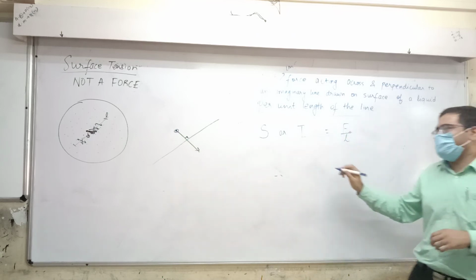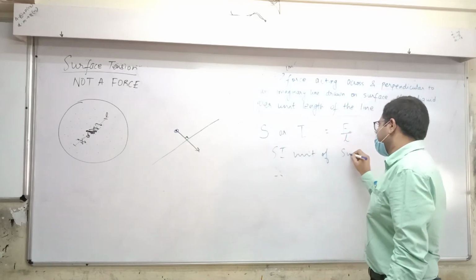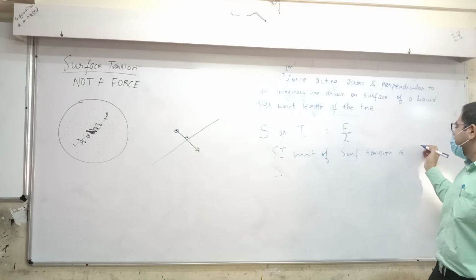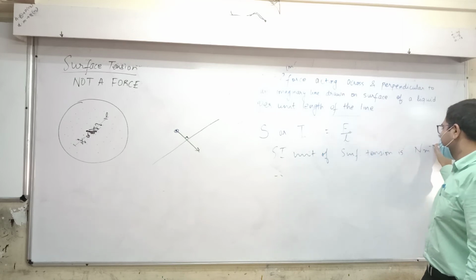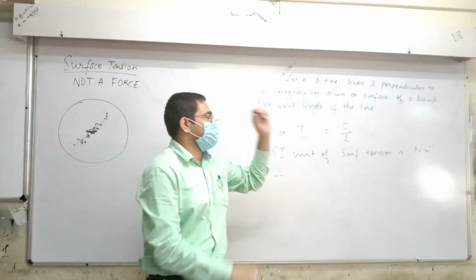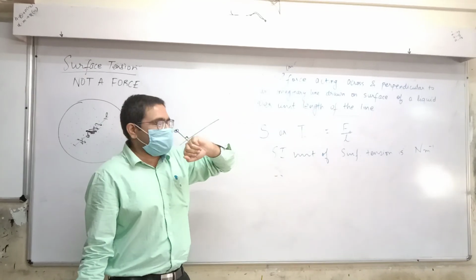Alright, the SI unit of surface tension is Newton per meter. Okay? So that is what T or S is.